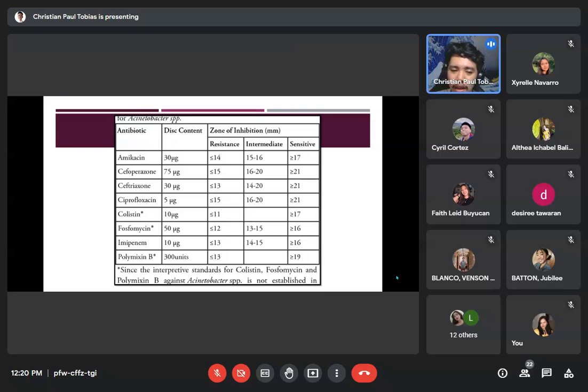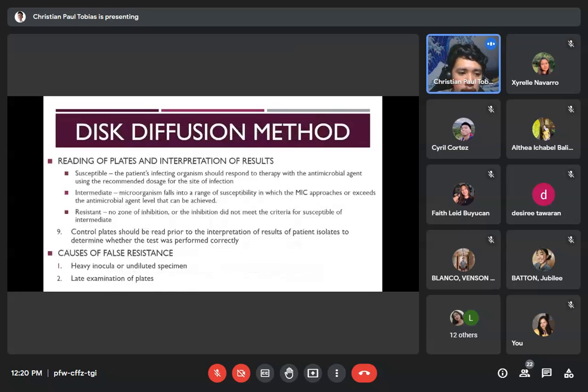And hindi ko na rin ipapamemorize kung ano yung nasa CLSI kasi hindi siya worth it. Sa laboratory naman, may guide kayo eh. Tsaka may CLSI doon na libro. May manual, so you don't need to memorize. You just have to know the principle kung paano mag-measure, kung ano ina-measure, kung saan ina-measure, at kung ilan yung dapat i-measure. Okay, reading of plates and interpretation of results.